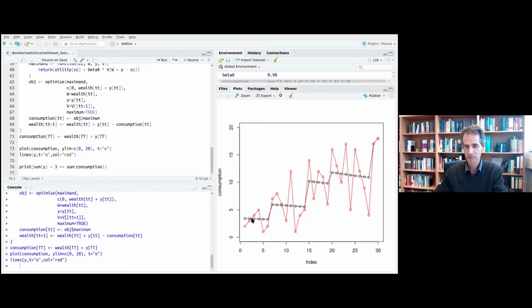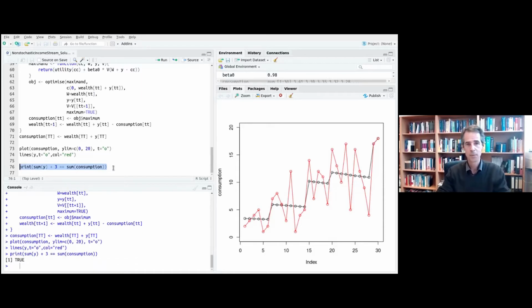So there's a bit of consumption smoothing going on here, because with our initial wealth of 3, we can smooth these fluctuations of the income stream, and from time to time we can jump. We can also see that the value of total consumption is equal to total income plus initial wealth.